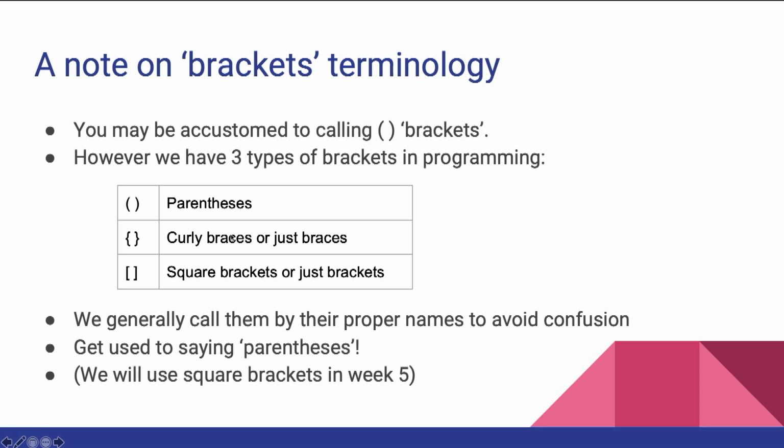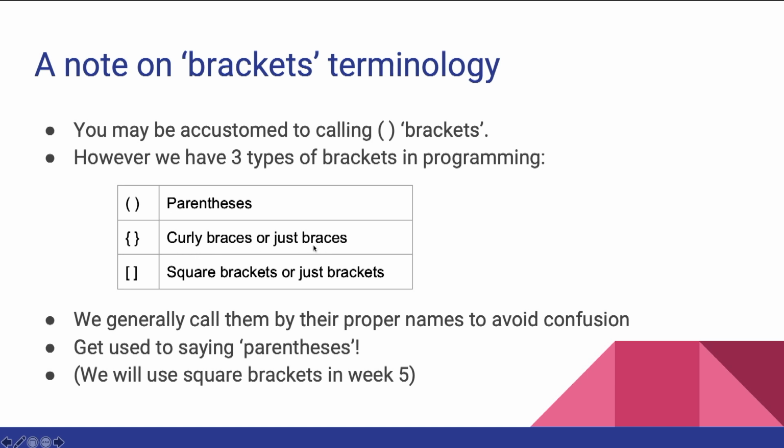While we're here, let's learn how to call these things the right things. These simple curved ones, which we often call brackets, are correctly called parentheses. The ones that are much more elaborate and curly are often called curly braces or just braces.